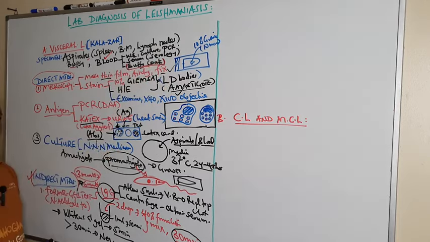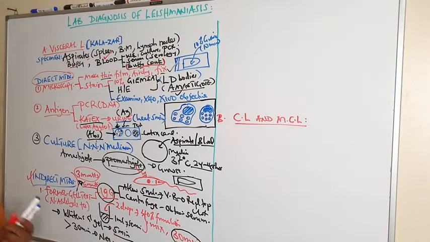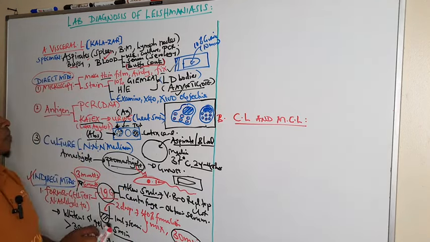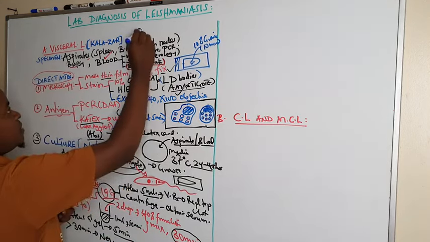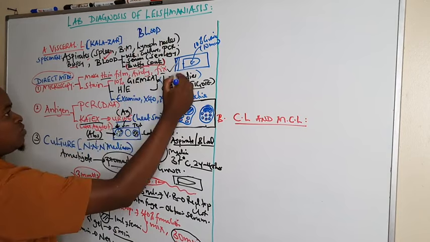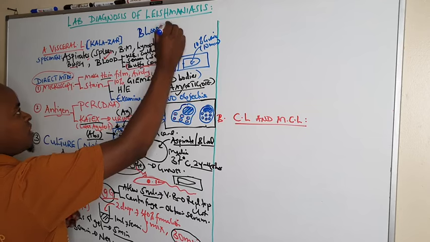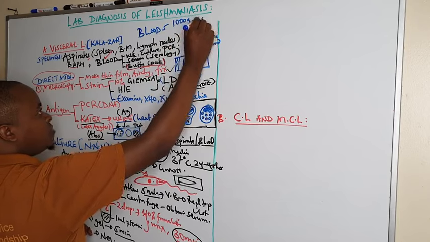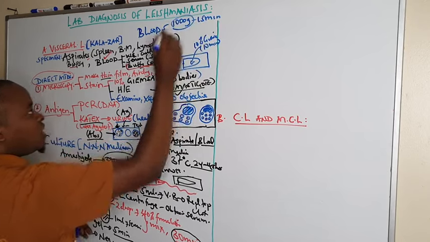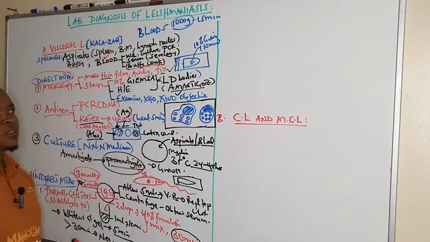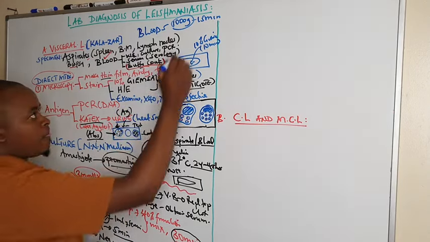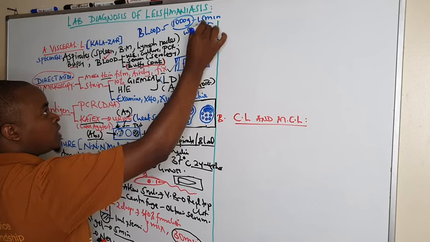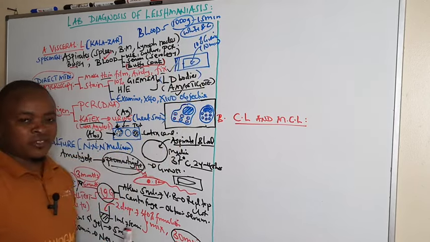That is when we are using whole blood, whereby you put it in a small tube and centrifuge at 1000 g for 15 minutes, then remove the plasma and obtain a white buffy coat. It is this white buffy coat that we use to make a thin film.